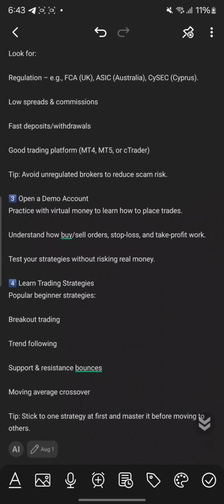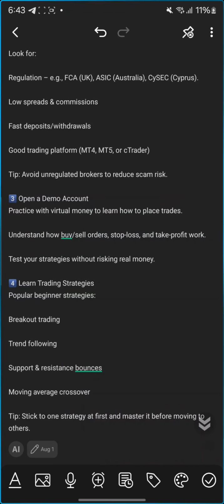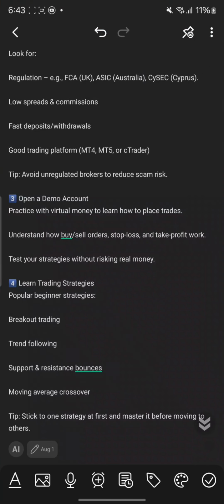Then the next thing is fast deposit and withdrawal. Why do you need this? There are times maybe you have been so busy within the weekend and now the market is about to open and maybe you have analyzed the market. There is this trade you really need to take and you are maybe 30 minutes away from the market starting.